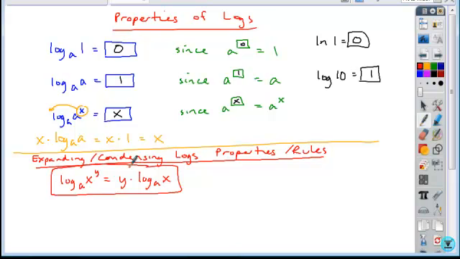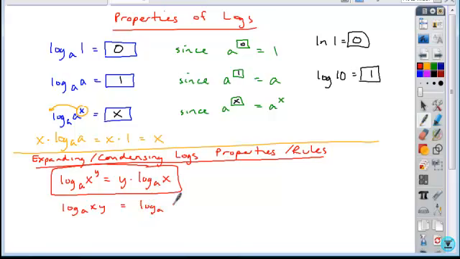Okay, and then you also have the following expansion. If you take a log of any whole number base and you take a product inside that log, this log can be expanded into an individual log for each factor of the product. Here we have a factor x and a factor y, so we can expand it into two separate logs.